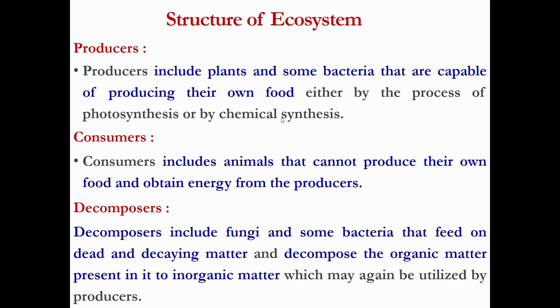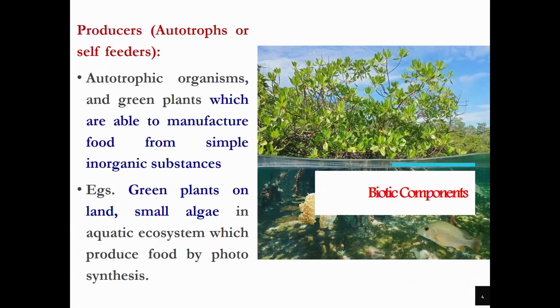They include animals that cannot produce their own food but obtain their energy from the producers. The next is the decomposer. Decomposers include fungi and some bacteria, which normally live on dead matter and help in decaying dead plants and animals, decomposing that organic matter into inorganic matter, which increases the fertility of the soil.